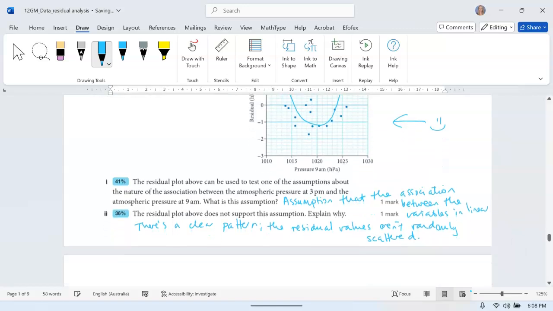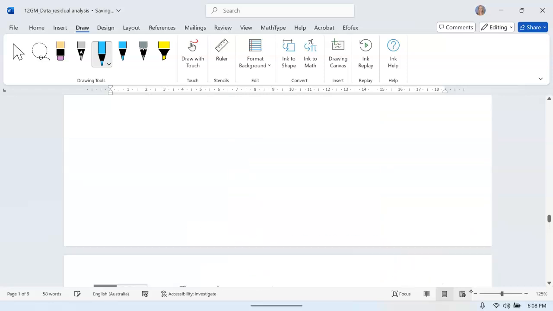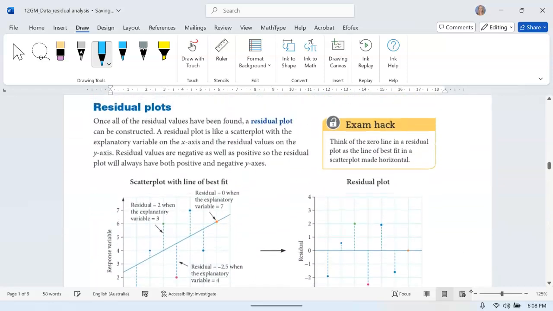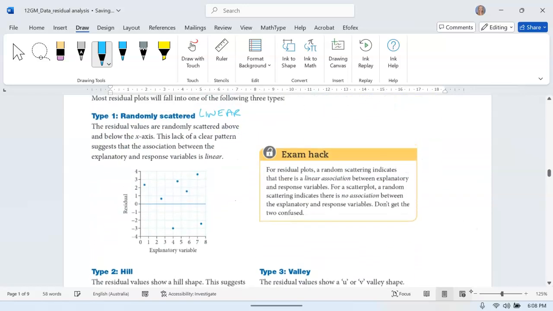All right, so just using the interpretation that I've given you before, that I just showed you when I gave you motion sickness, back up here. You can just refer to what they've written here. Sorry, I didn't know how far to go. So this here, if it's the assumption that it's linear, it's randomly scattered.